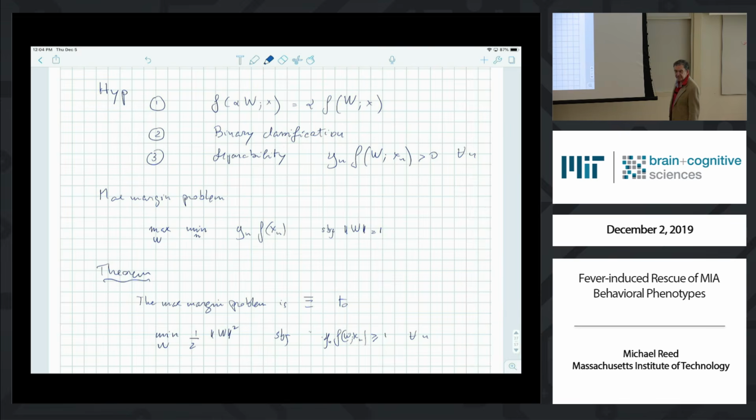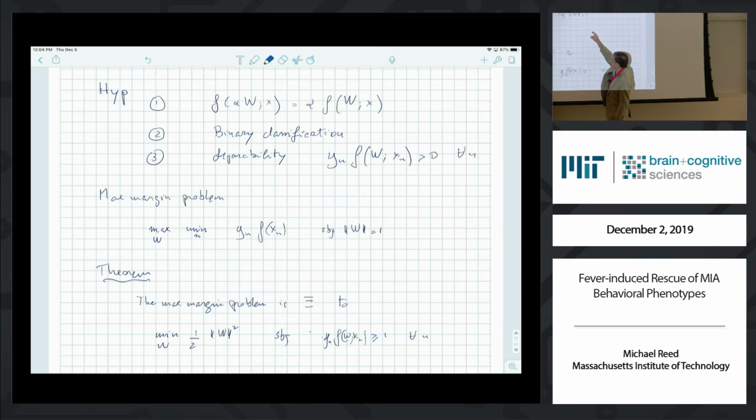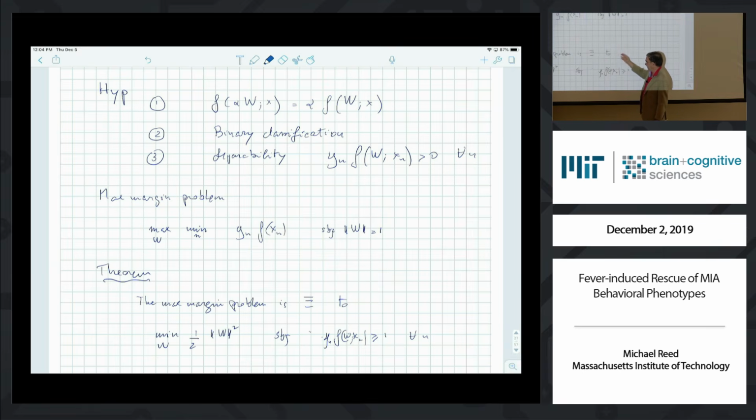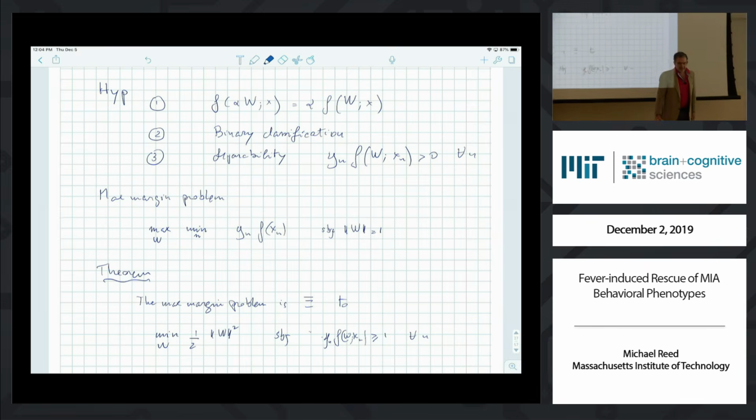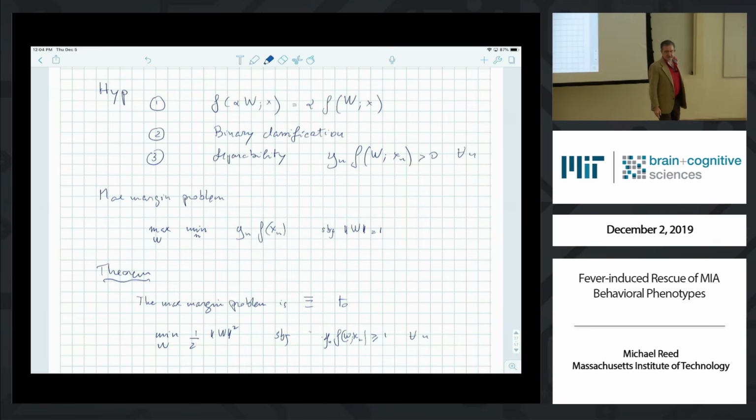Otherwise, this will have no sense. So the result is that this problem is equivalent to minimizing the norm of W subject to the margin being greater or equal to 1.